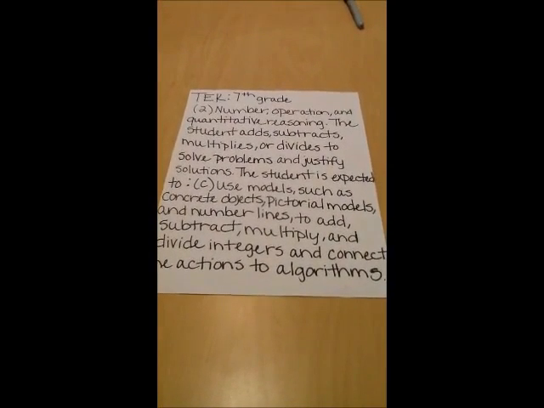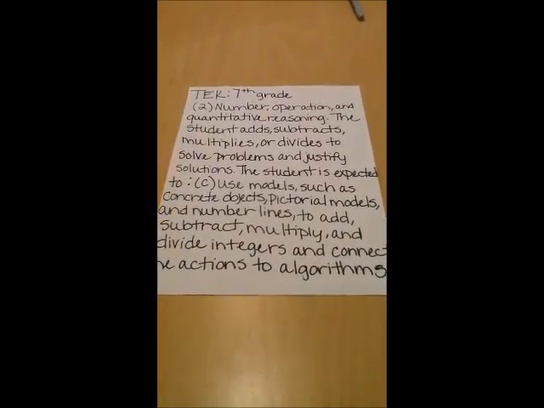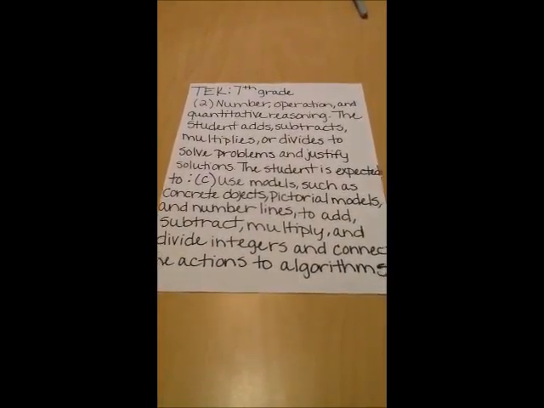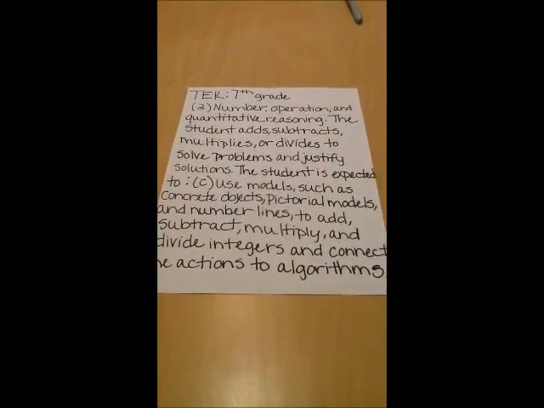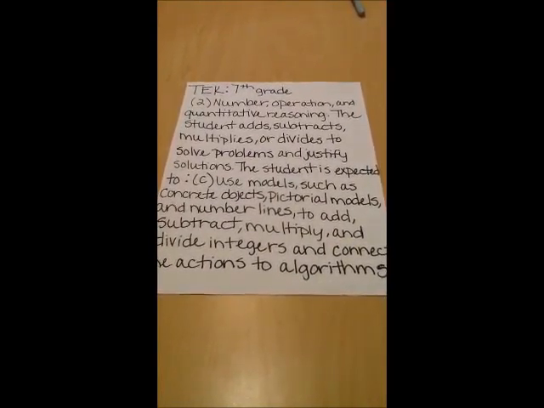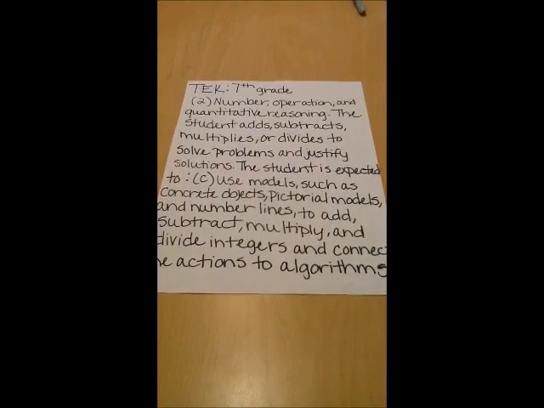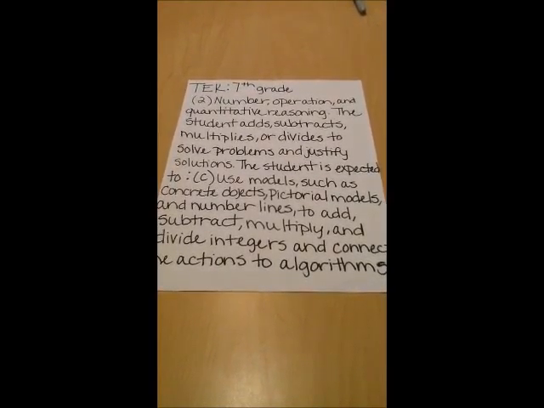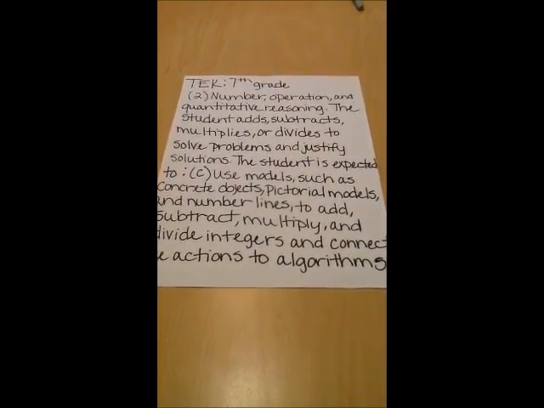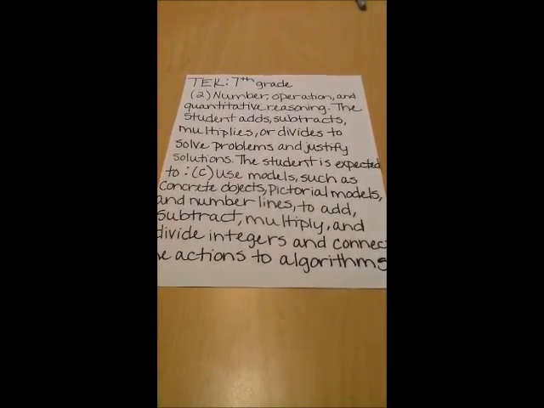The text that corresponds with our lesson for 7th grade math is 2C. 2 says, number, operation, and quantitative reasoning. The student adds, subtracts, multiplies, or divides to solve problems and justify solutions.